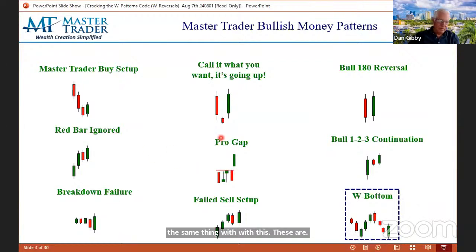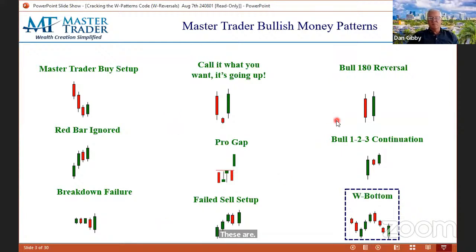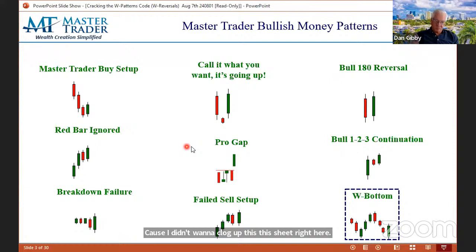Here I'll just jump to this and I'll come back. So we're technical based traders. We start with a compelling picture. These are just 9, just because I didn't want to clog up this sheet right here. But we trade many more than this. So we start with this and then we overlay our other concepts.